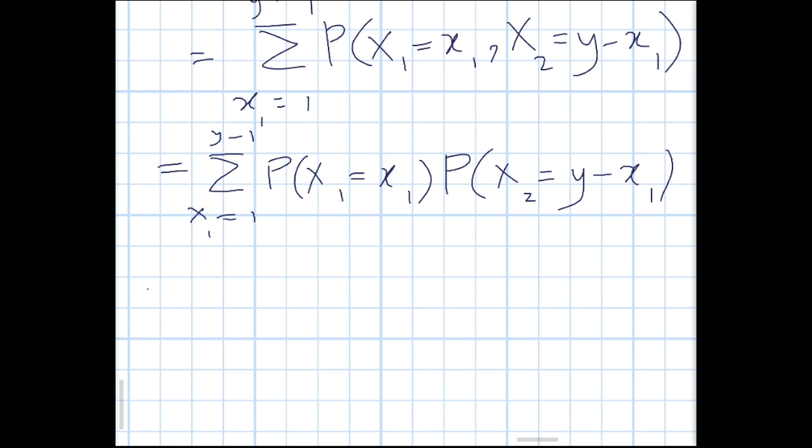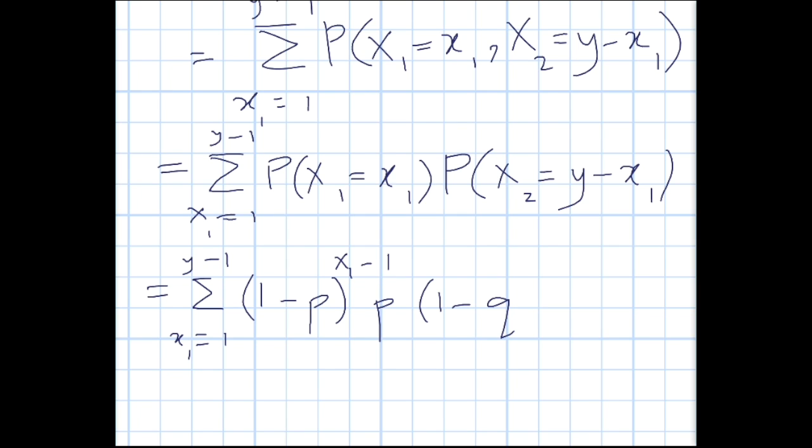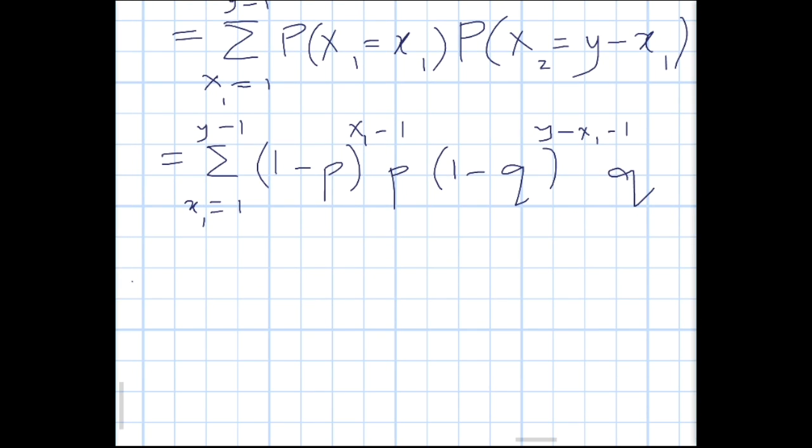Now we apply the actual PMF of geometric random variable, which is equal to (1 minus p) to the x1 minus 1 times p, then (1 minus q) to the y minus x1 minus 1 times q. This is equal to pq.